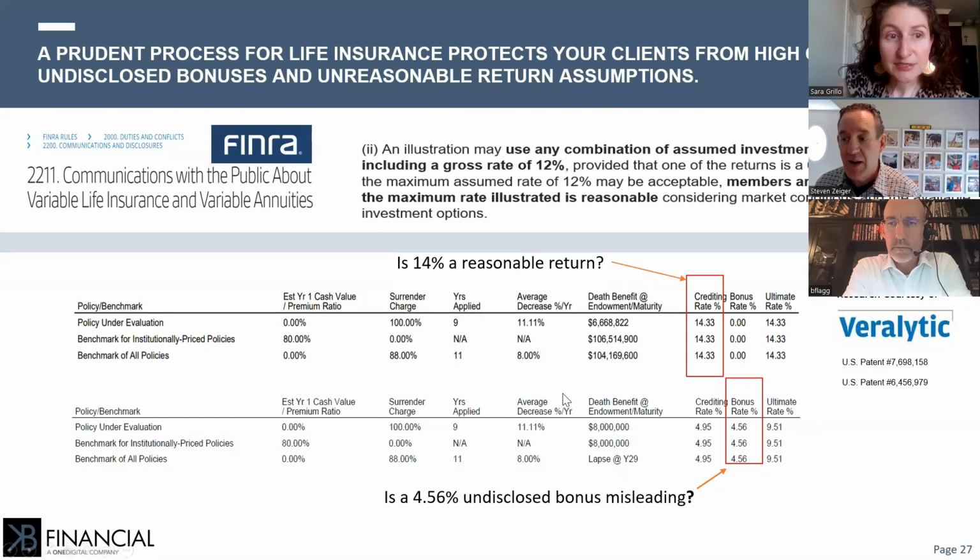That's what's required, but the illustration was only showing 4.95%. That's one of the tools we use to help fiduciaries and clients make better decisions.